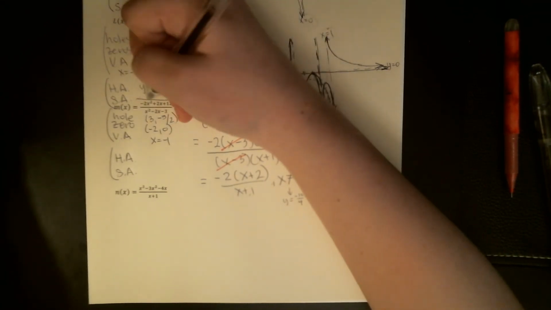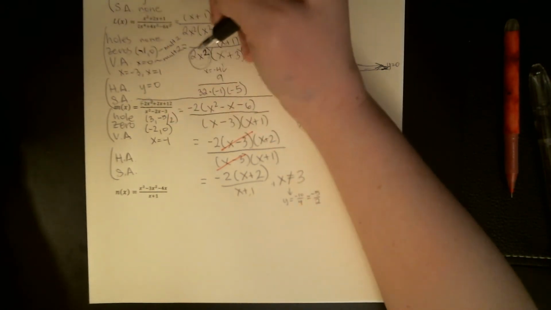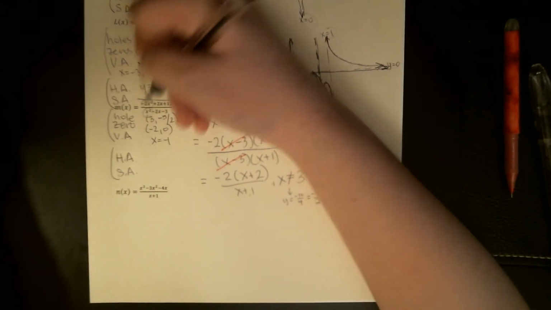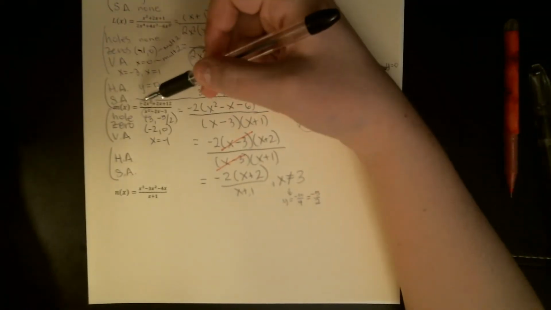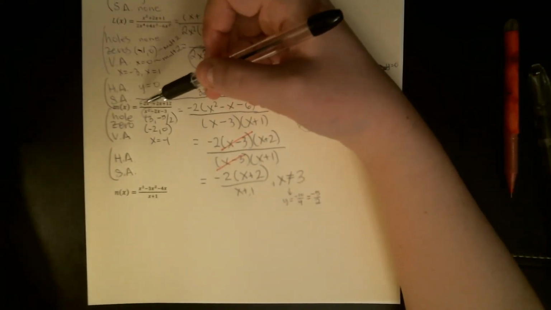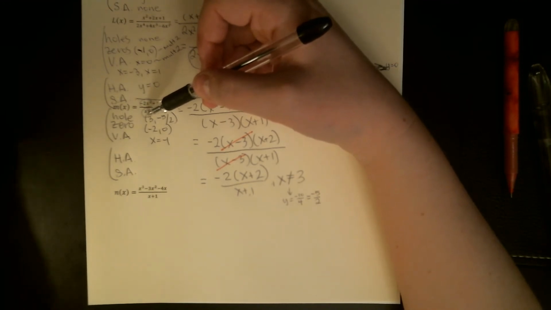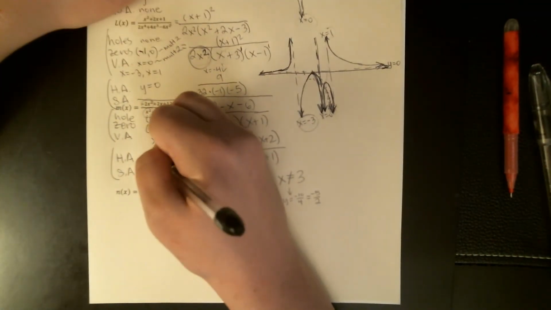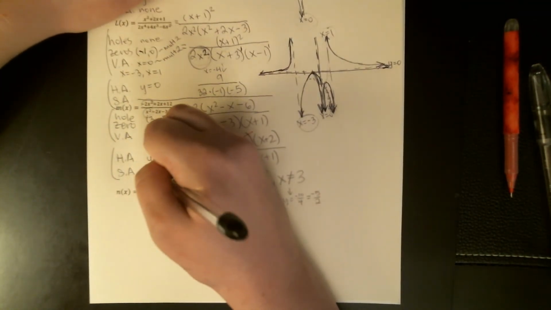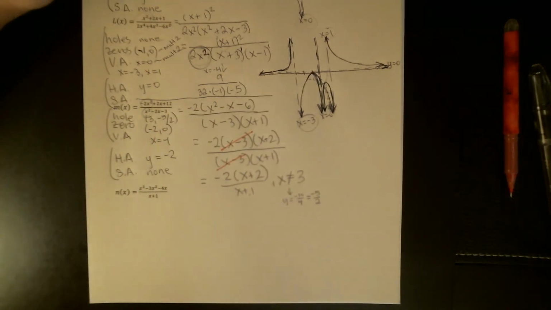So the -2 times 1,000,000 squared is dominating the top of the fraction, and 1,000,000 squared will be dominating the denominator. So if you have -2 times 1,000,000 squared over 1,000,000 squared, that one with 12 zeros is going to cancel out, and you're going to be getting -2 over 1. So it is horizontal asymptote at y equals -2, which means no slant asymptotes. I'm saving those up still.